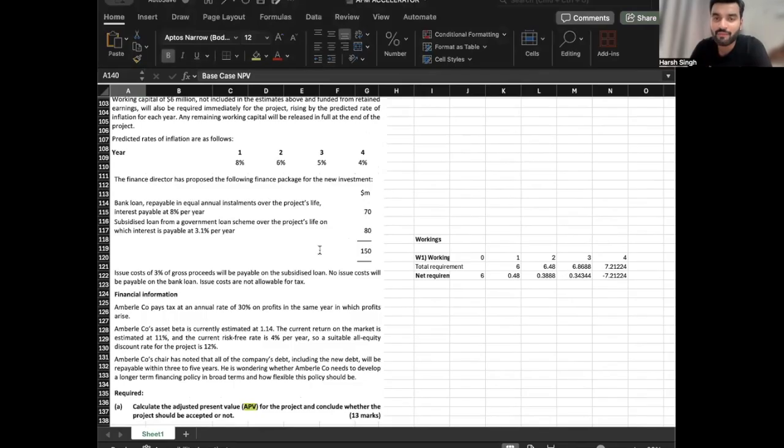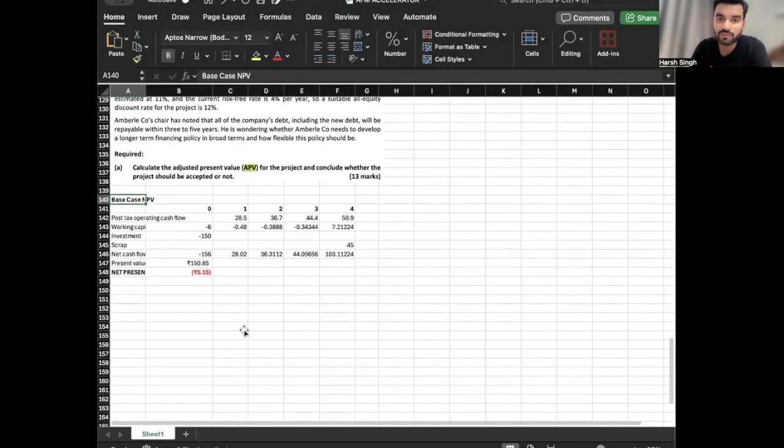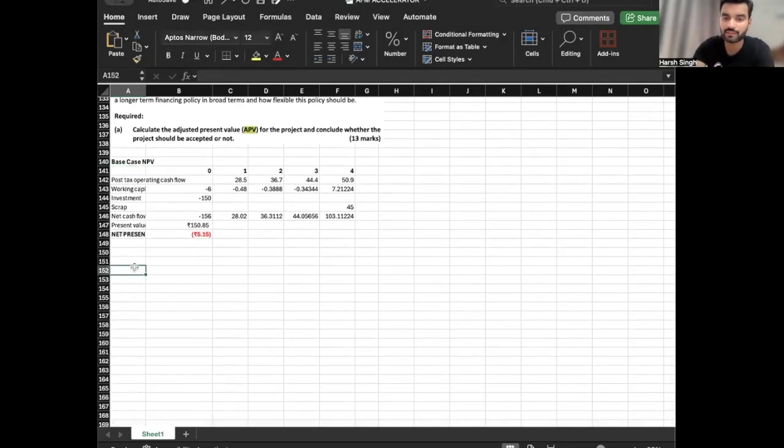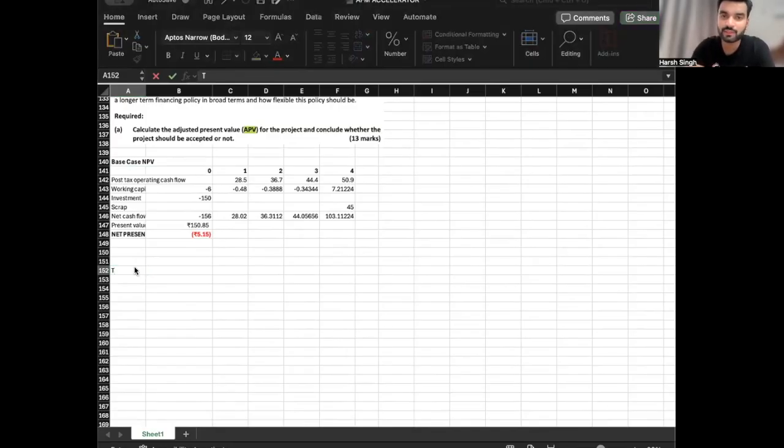So we have to consider a loan of 80 million, everyone. Okay. So now I'll come over here. There will be 2 things, everyone. We will have to consider subsidized loan benefit first of all.